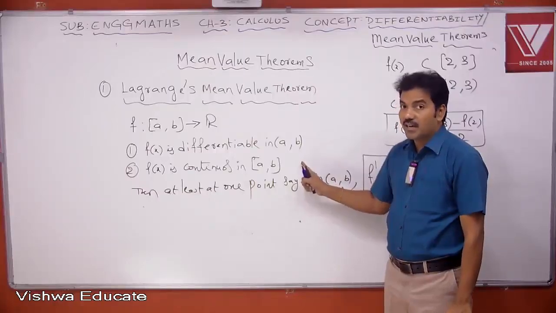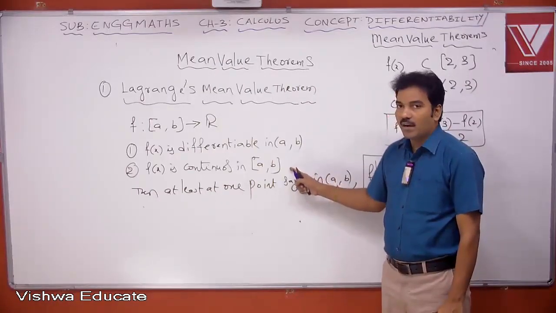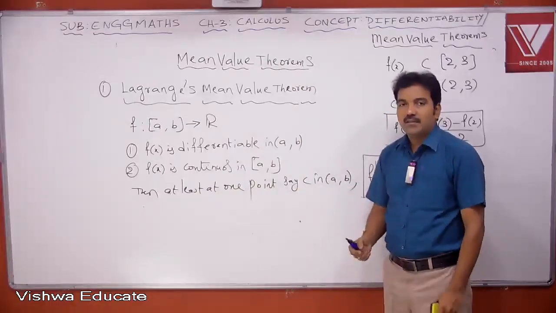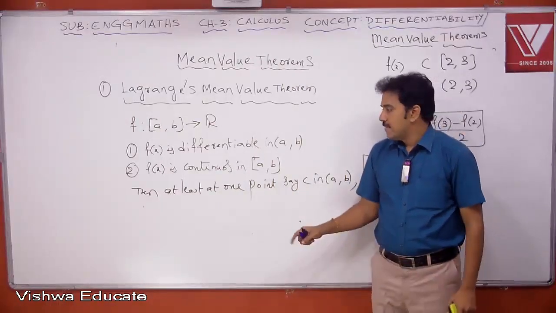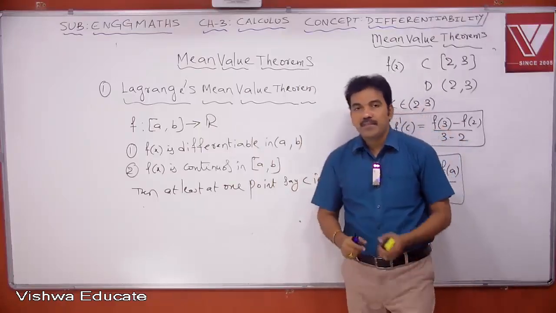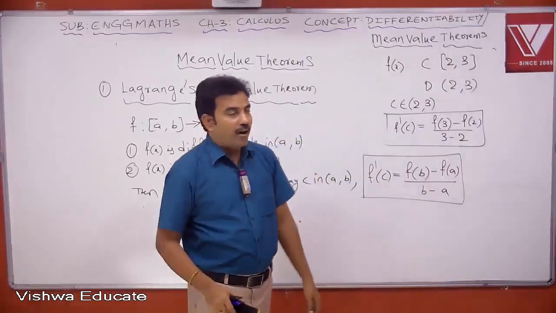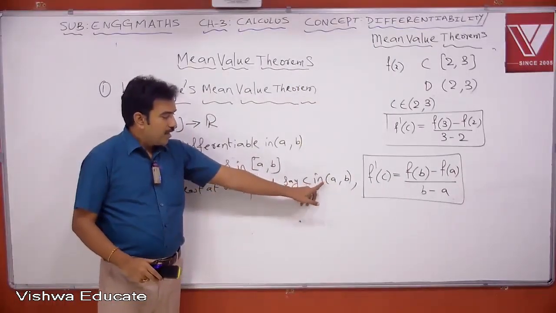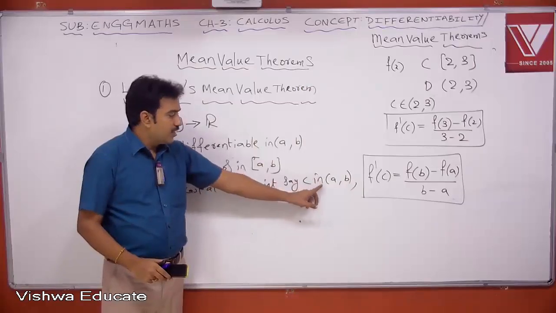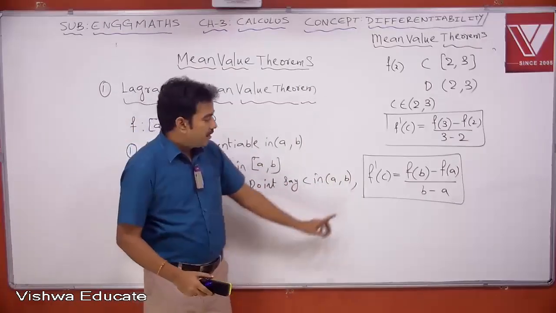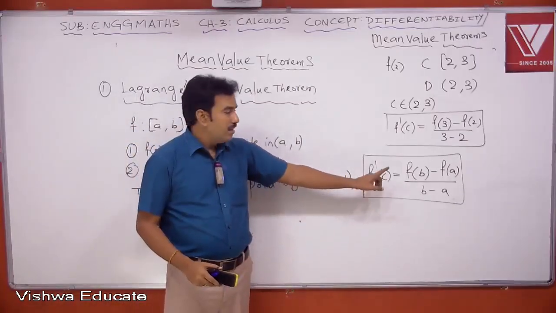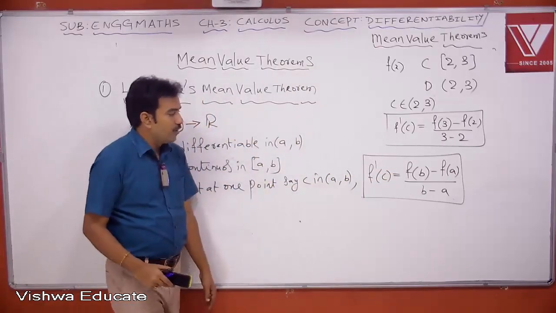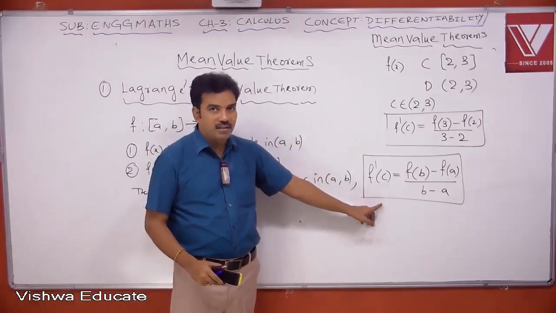Point number 2, f(x) is continuous in closed interval [a, b]. Then at least at one point, say c in open interval (a, b), f'(c) = (f(b) - f(a)) / (b - a).